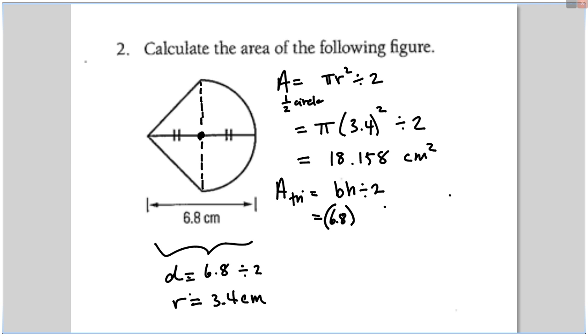And the height is always 90 degrees to the base. So this height, that's equivalent to the radius of the circle. So that would be 3.4. Divide that by 2.